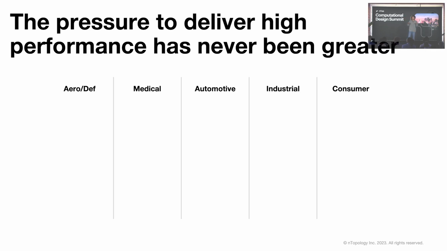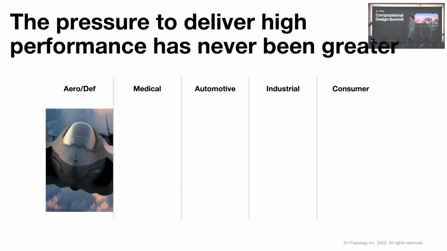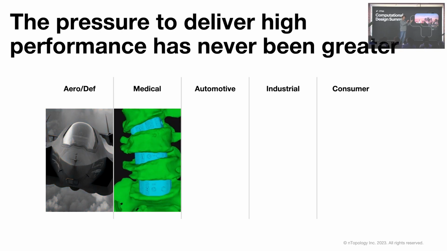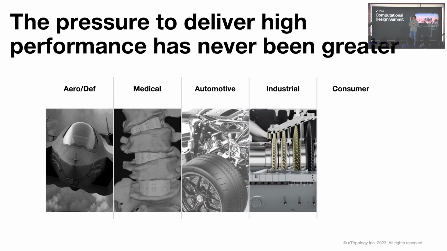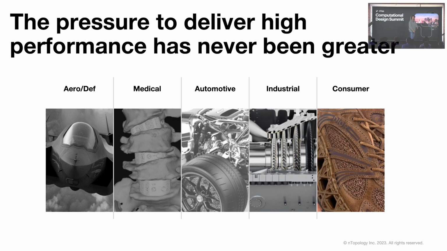And across all of these segments, the one thing that we see that's kind of a standard is that there's more pressure than ever to deliver high-performance products, whether that's in aerospace to make more sustainable, faster aircraft, whether that's in medical device to make more integrated, osseointegrative medical implants that merge with bone, or automotive to make less expensive, more cost-effective vehicles that don't require carbon energy, to the industrial segment, to decarbonizing our world, and to the consumer segment, to making more sustainable products for the world as well.